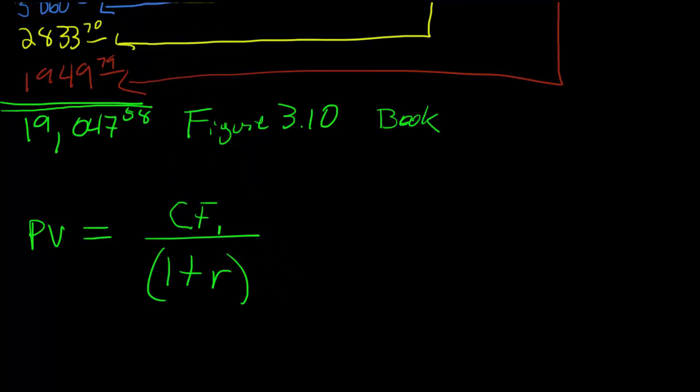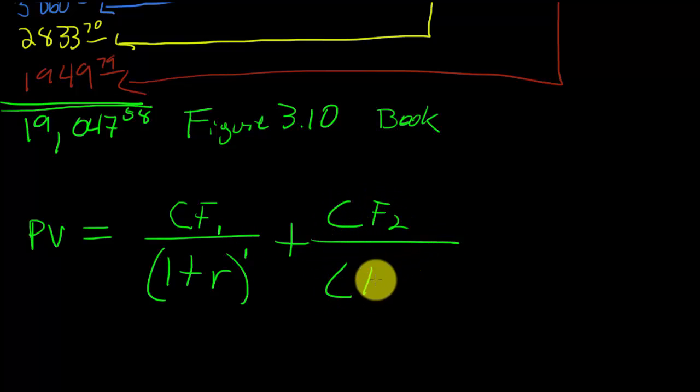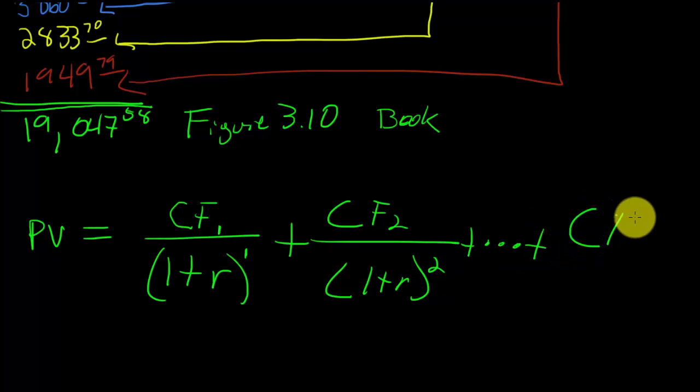Then when I discount that one back, I look at my second cash flow, period 2, over 1 plus r squared, and so on, until I get to the last one. So this is going to be the cash flow in period t, which just means the last one in the series, over 1 plus r to the t.